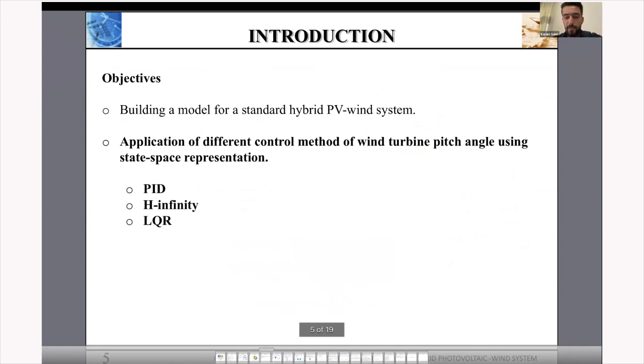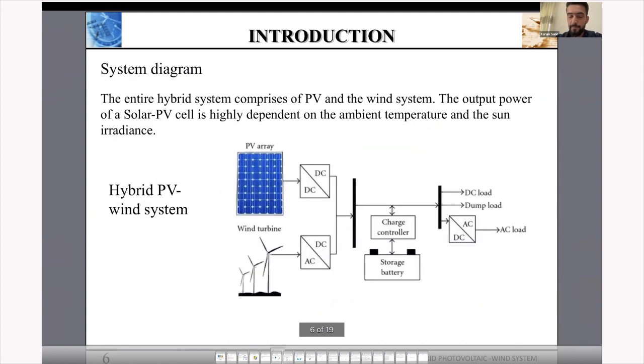Objective: building a model of a standard hybrid PV wind system, and application of different control methods for the wind turbine pitch angle using state space representation, PID, H infinity, and LQR. System diagram.